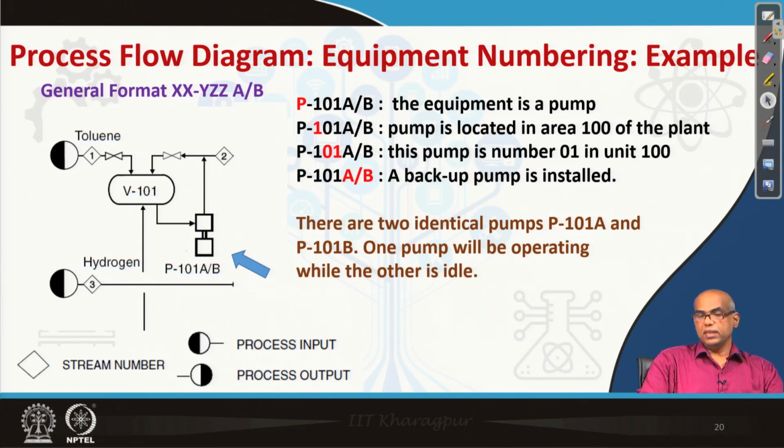The 1 of 101 means the pump is located in area 100 of the plant. Then 01 means that this particular pump is numbered 01 in unit 100. And finally, A/B represents that a backup pump is installed. So, there are two identical pumps, P101A and P101B. One pump will be operating while the other is idle.